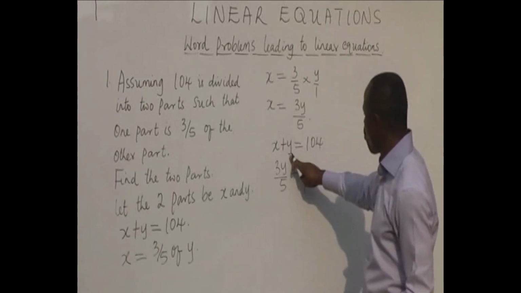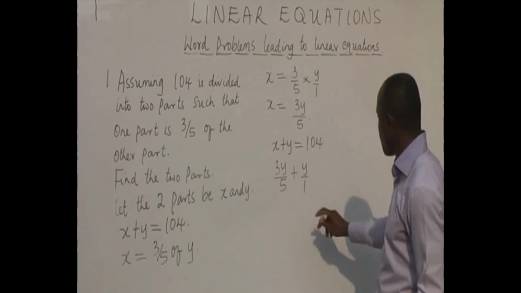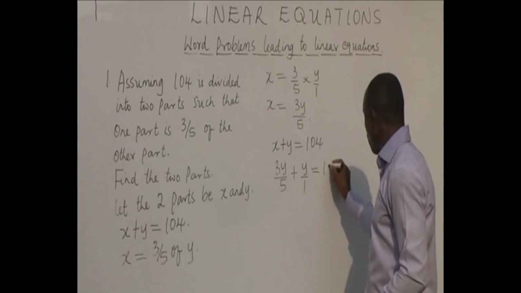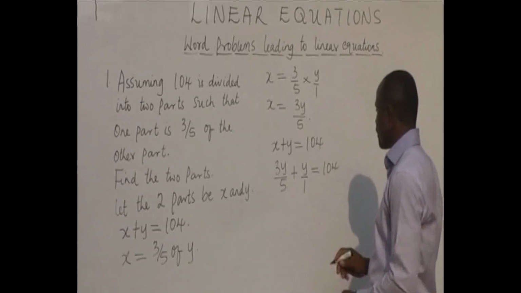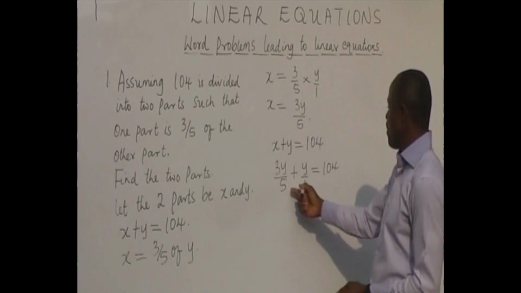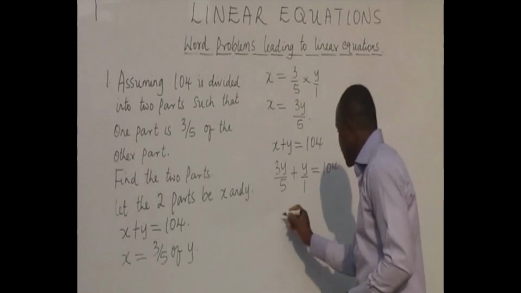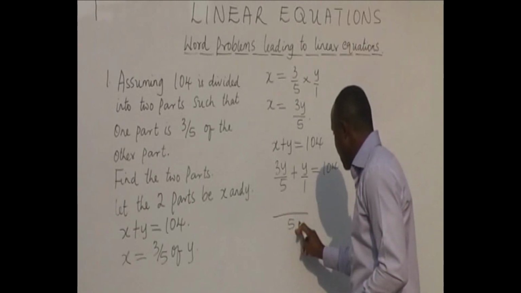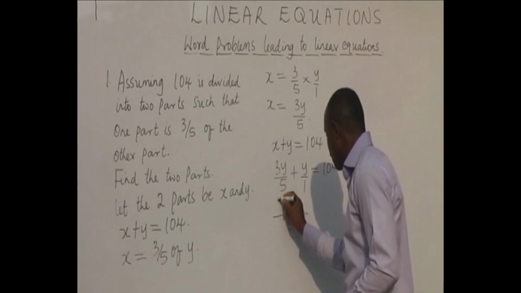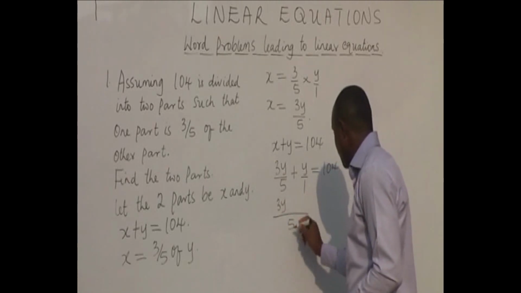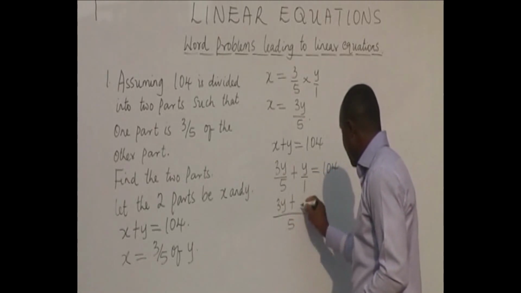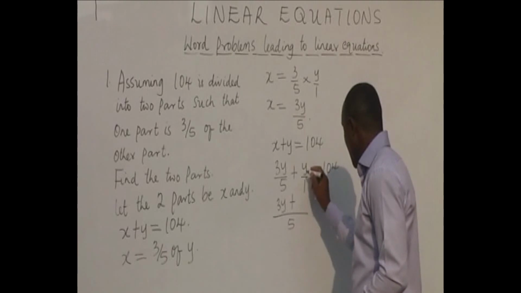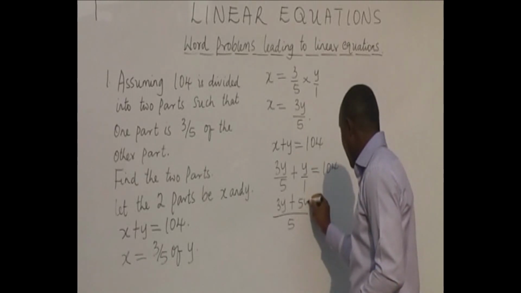I'm writing Y in its fraction form. Is equal to 104. Find the LCM of 5 and 1. You know that the LCM is 5. 5 divided by 5 is 1 times 3Y will give you 3Y. Bring plus. 5 divided by 1 is 5 times Y will give you 5Y.